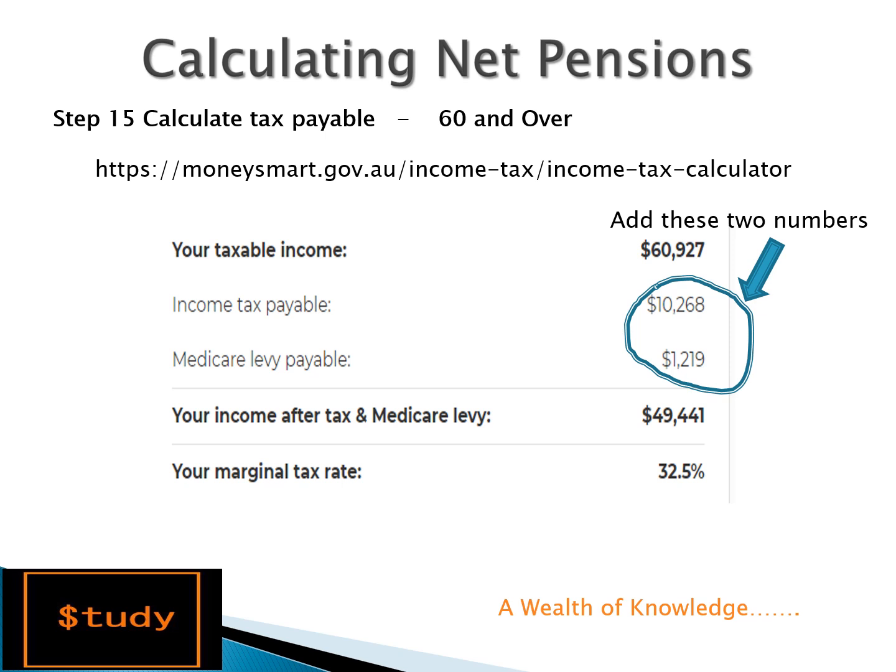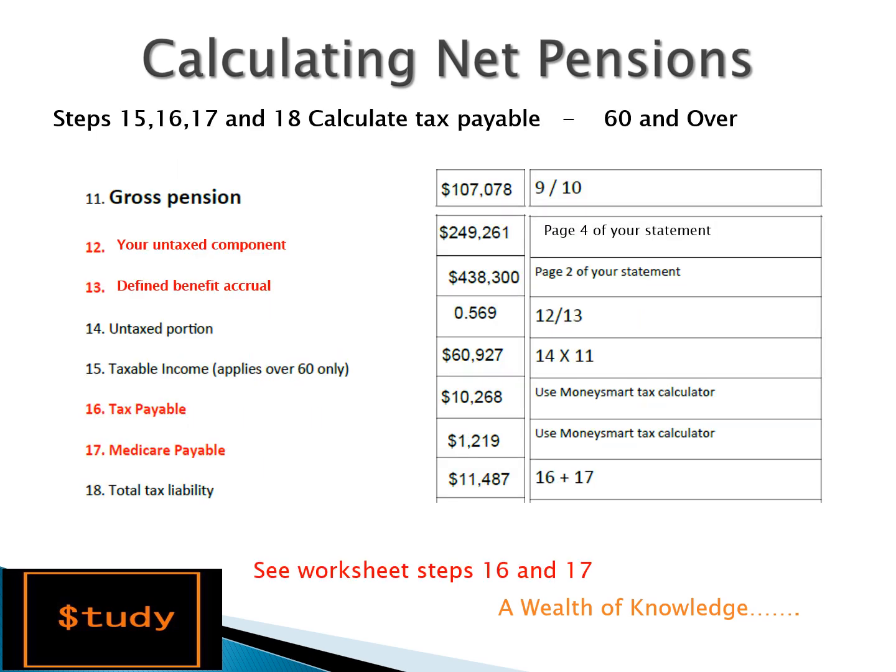So you punch the 60,927 into this calculator on the Money Smart website. And on 60,927, it tells us that we've got income tax payable of $10,268, and we've also got a Medicare levy payable of $1,219. So write those two numbers down. We're going to need those two numbers. So you write down your income tax payable and you also write down your Medicare levy payable. And what do we do with those? We put those onto our worksheet.